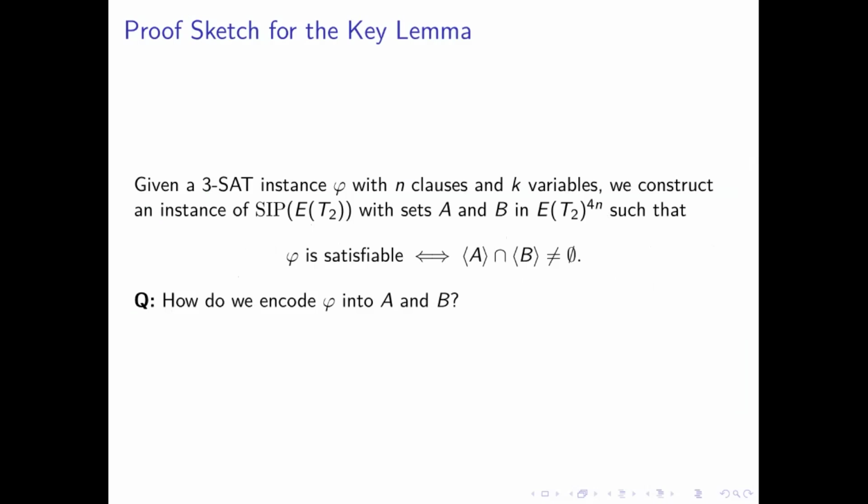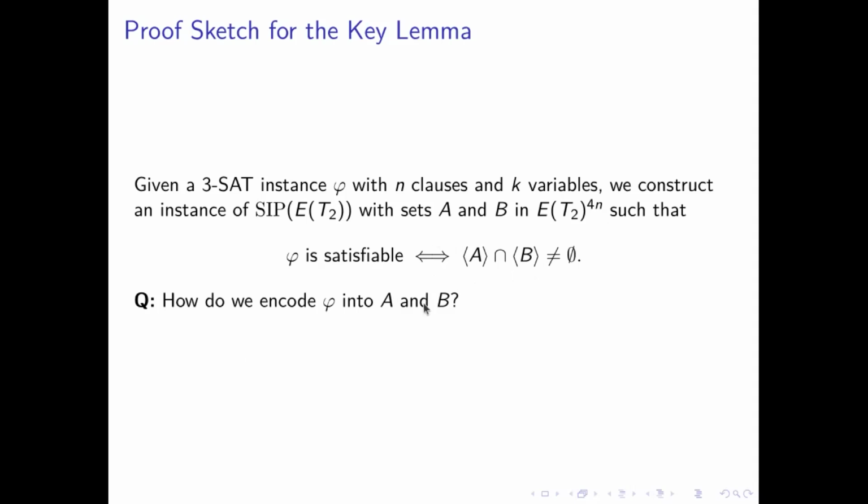Given a 3-SAT instance phi with n clauses and k variables, we construct an instance of SIP for E of T2, so only using 0, 1, and ID, with sets A and B in E of T2 to the 4 to the n. So it's a polynomial time reduction. Essentially we show that phi is satisfiable if and only if the intersection is non-empty.